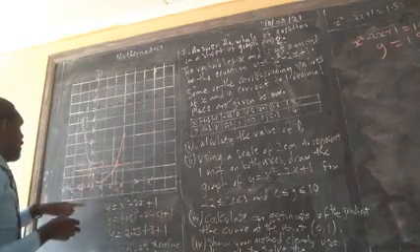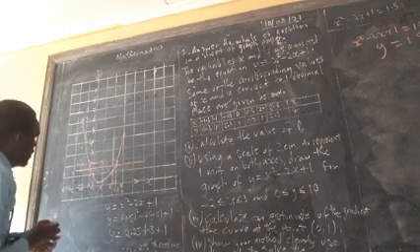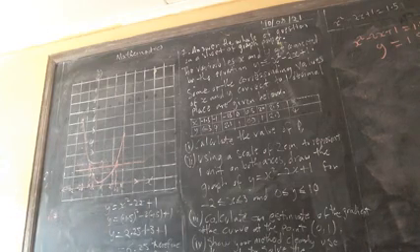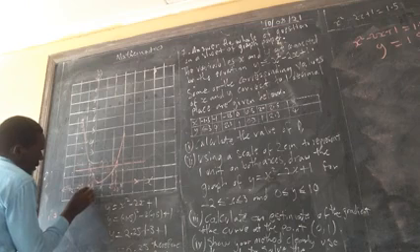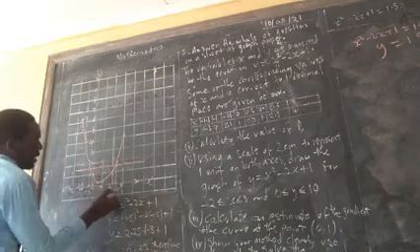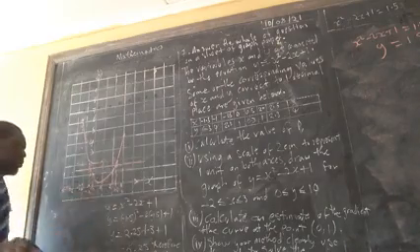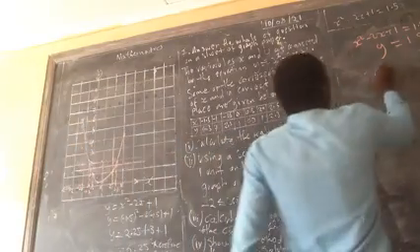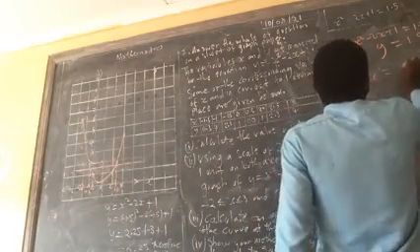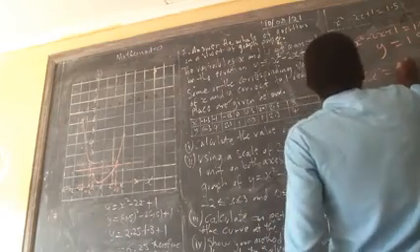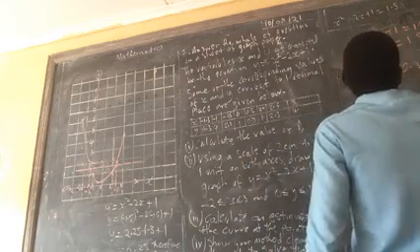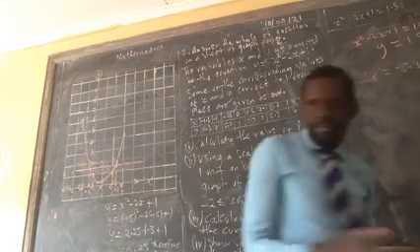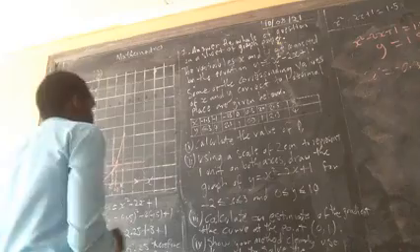So I find that this line y = 1.5 cuts the parabola at negative 0.3 and 2.2. So x is equal to negative 0.3, comma, 2.2. It's done. I've solved using the graph.